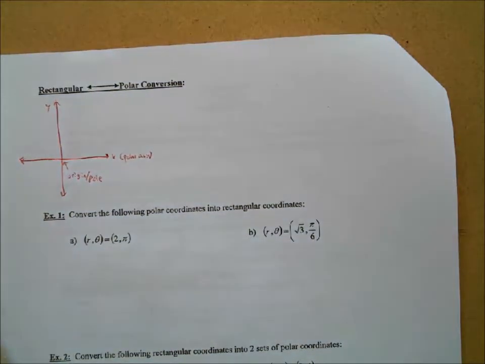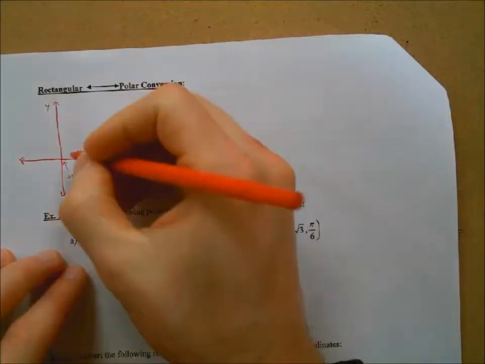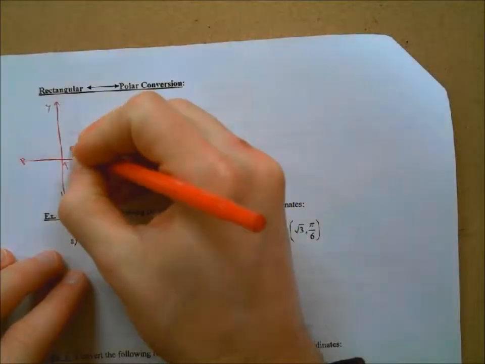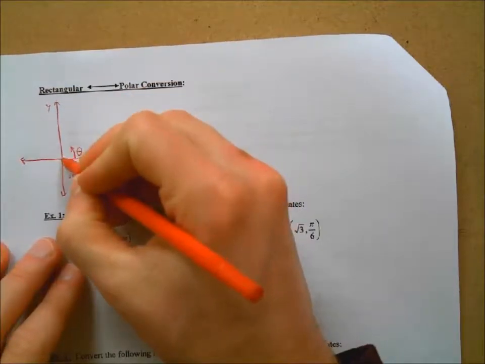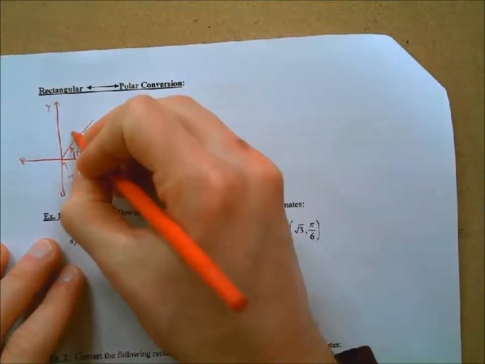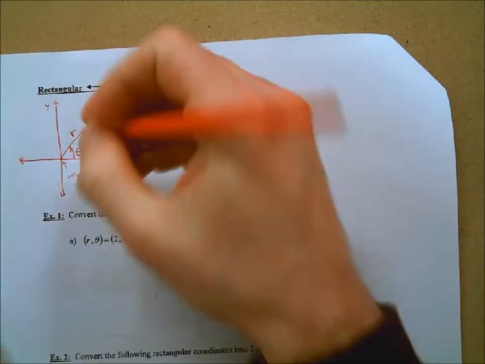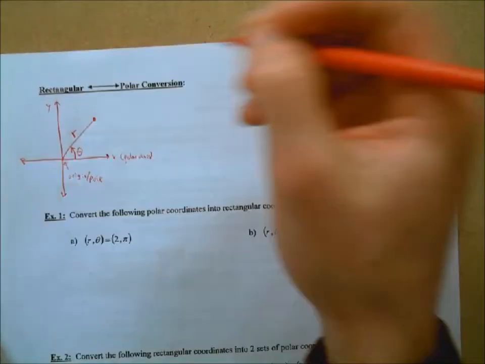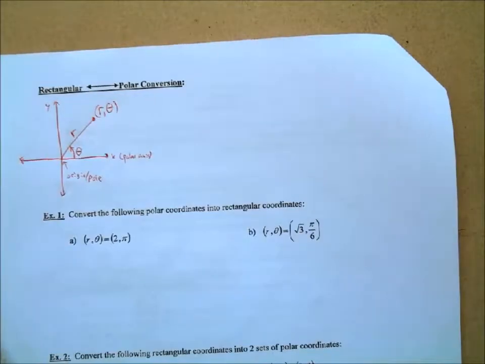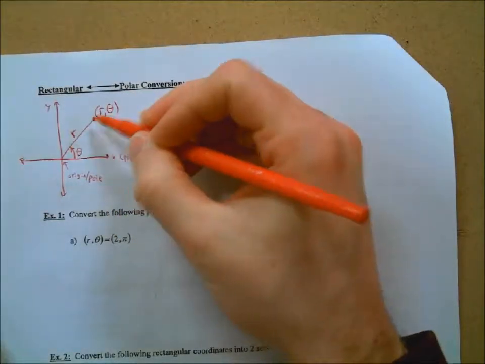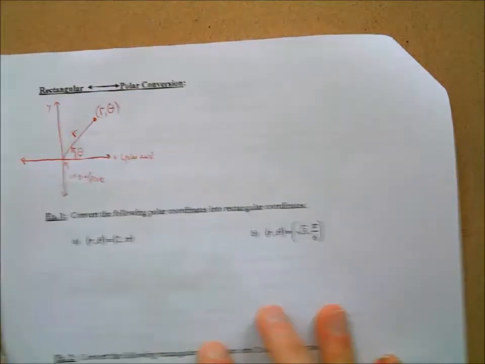Okay. And again, let's remember, if we're going to identify a polar coordinate, we're going to rotate some angle theta, and extend from the pole some distance r, and locate this point here, r comma theta. So rotate and then extend, there, r comma theta, right? That's the idea for polar.